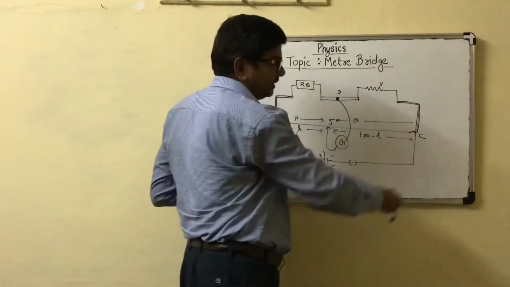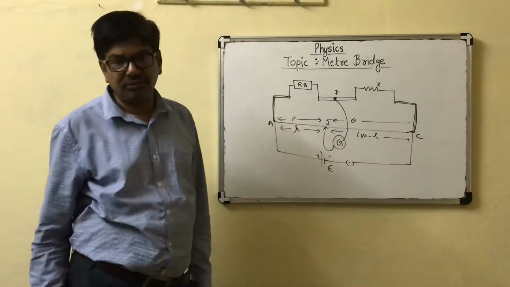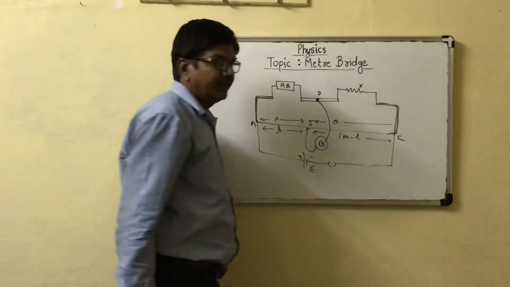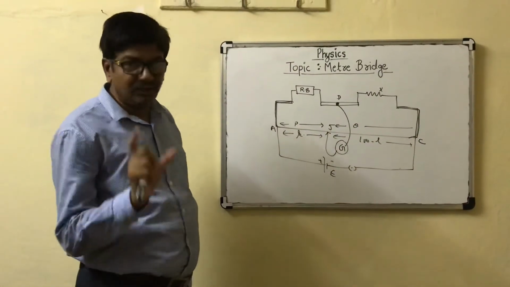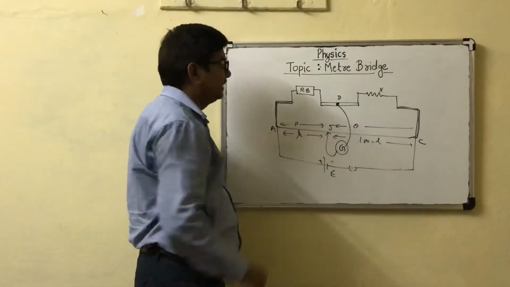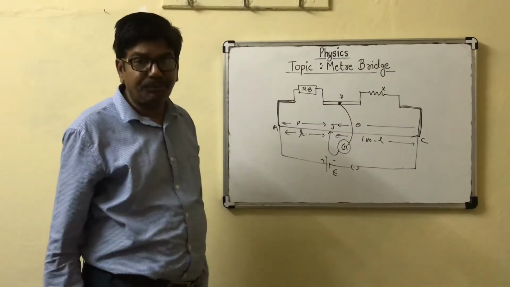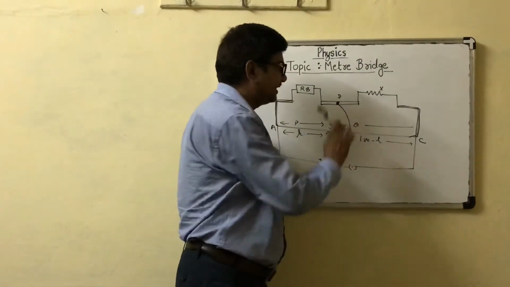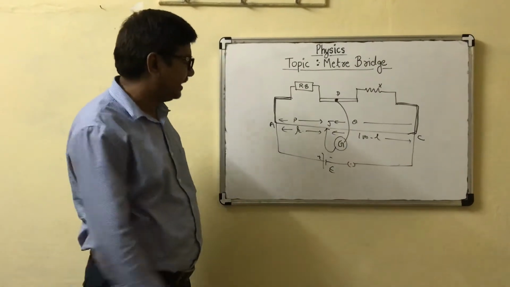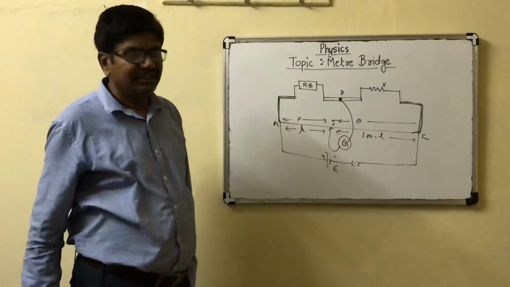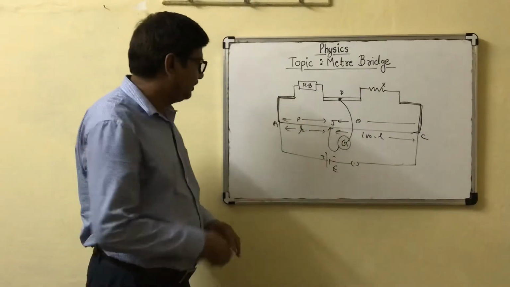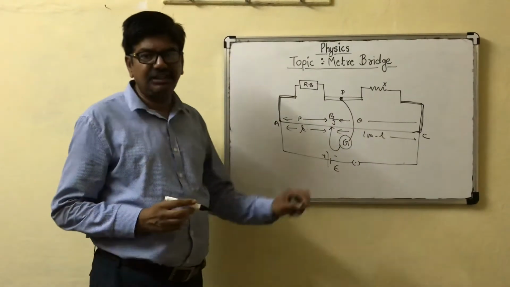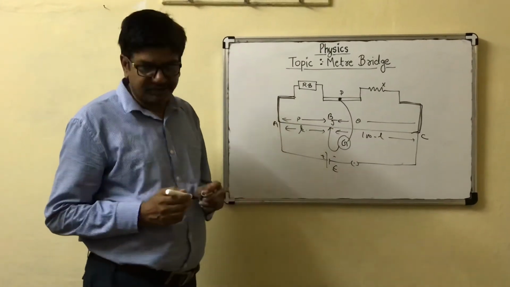This is a wooden board. There are 2 L-shaped thick copper strips fitted at point A and point C. Between these strips, another copper strip is also fitted. This copper strip provides 2 gaps. One gap is connected to the resistance box, another gap is connected to unknown resistance X. A galvanometer and a jockey are connected across the terminals B and D. This is the circuit diagram of meter bridge.